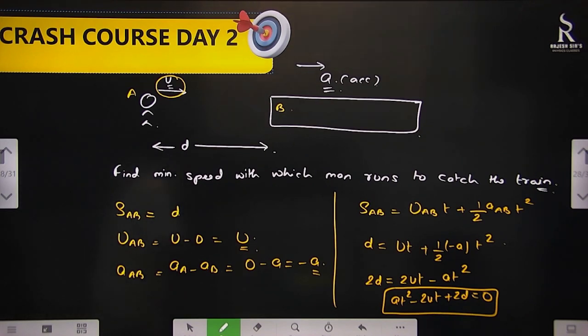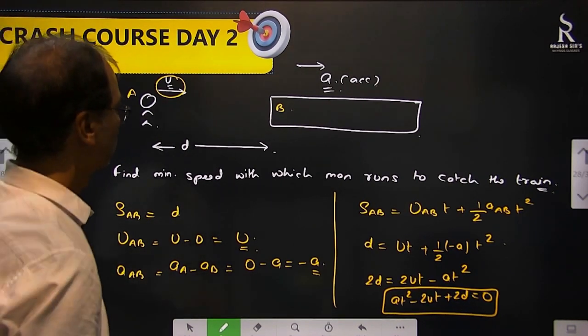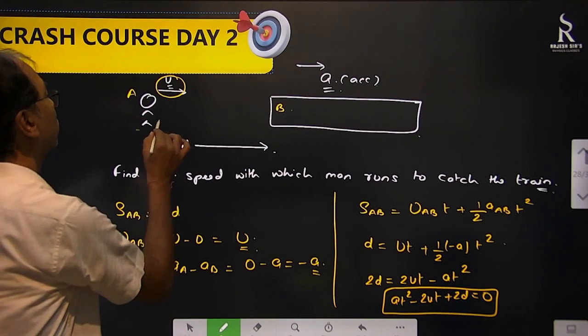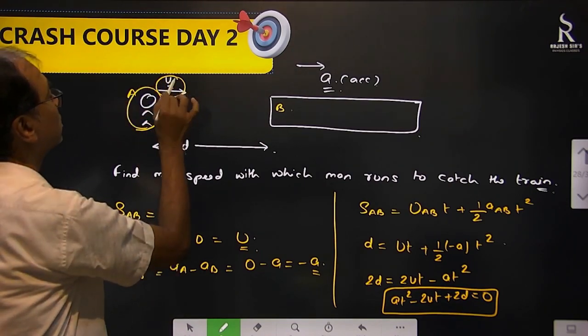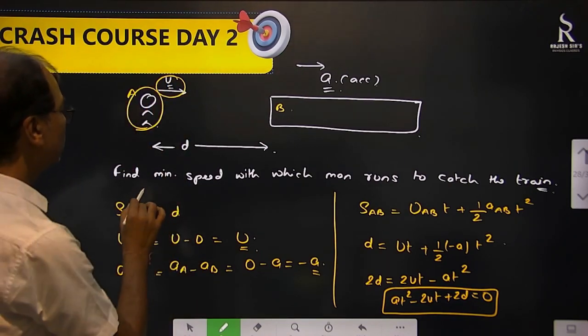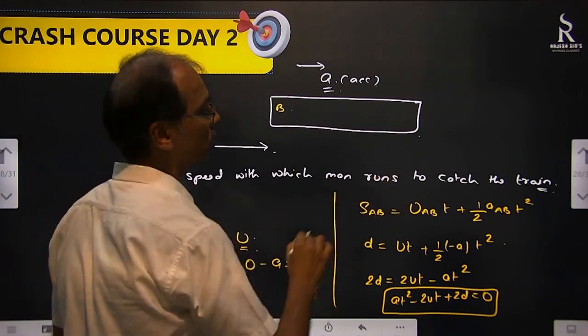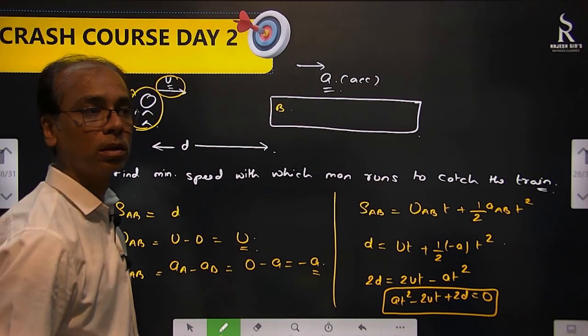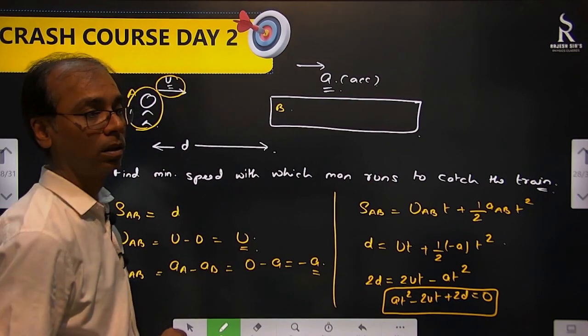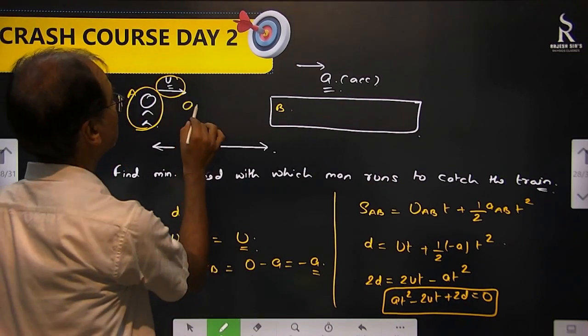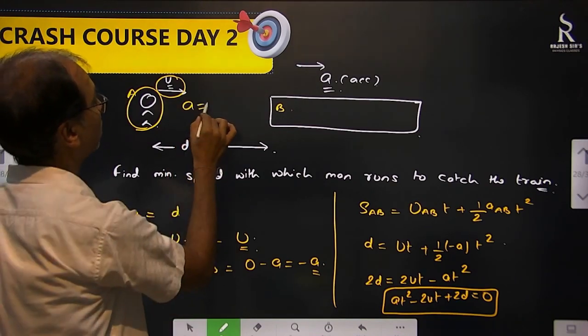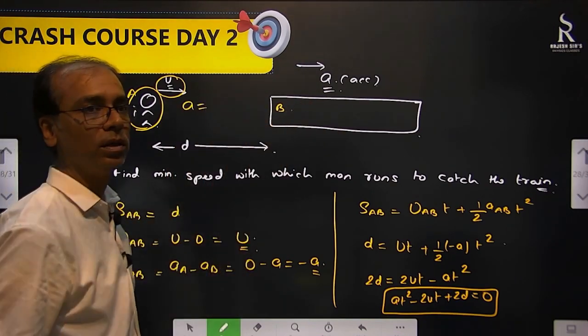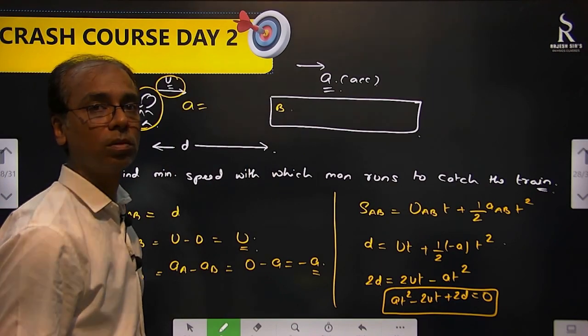Sir, in the previous question, how is the acceleration 0? Which acceleration? The acceleration of A, the man. The man is going to start running with this speed. The question is to find the minimum speed with which the man runs to catch the train. If acceleration is there, you are going to have an increase in speed, no?